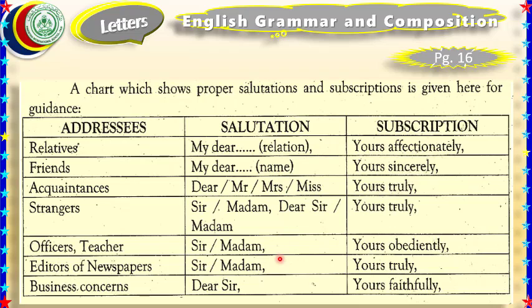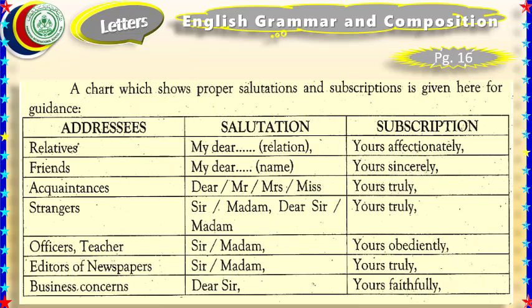Salutation is mentioned here, how we salute them, greet them, and subscription is mentioned here. In fact, on page number 16 and 17, such type of information is given. I would like you all to read both pages to get better understanding of letter writing.